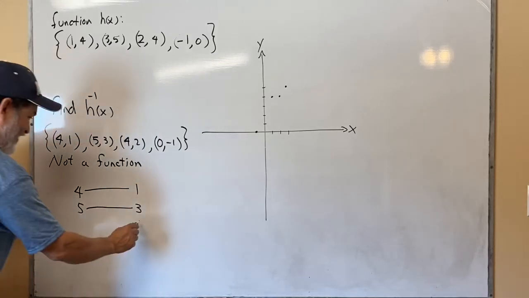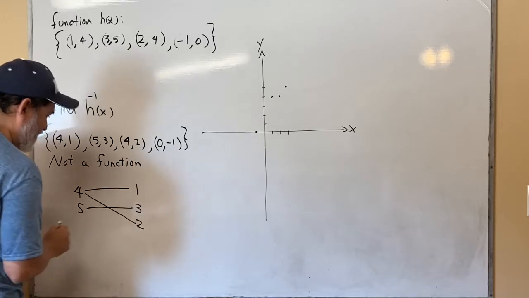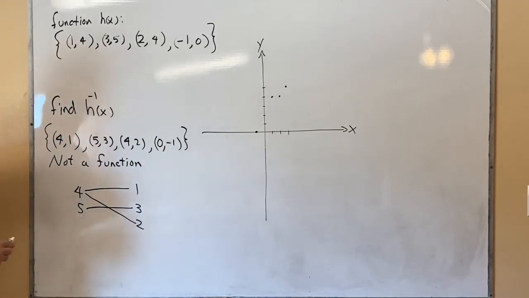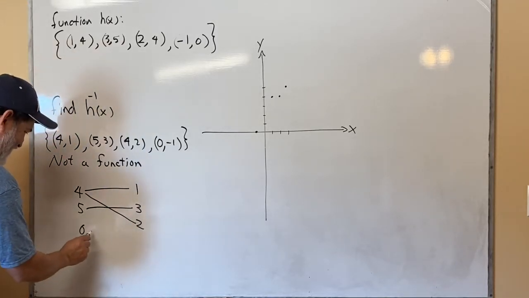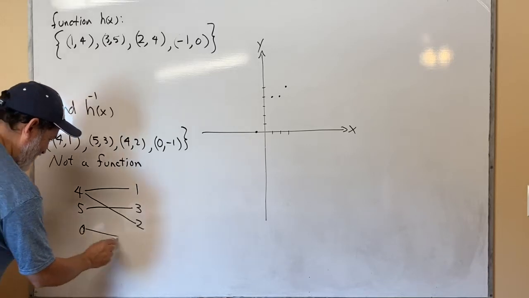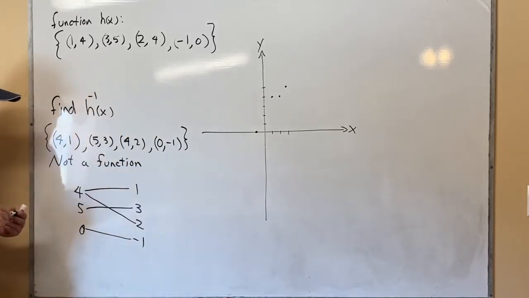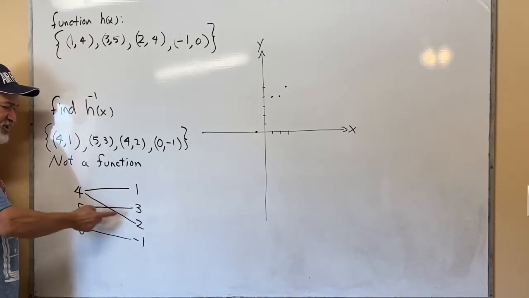But then 4 is paired with 2. Look at that. And 0 is paired with -1. This is not a function because 4 is paired with 1 and 4 is paired with 2.